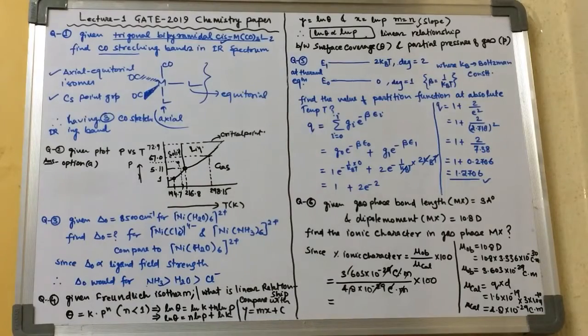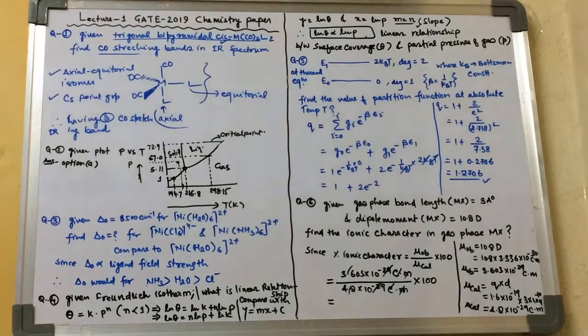So we have to judge the value of delta zero. How to judge? Because we know the relation, delta zero depends on ligand field strength. So if the ligand's field strength is more, then obviously the delta value will be more.